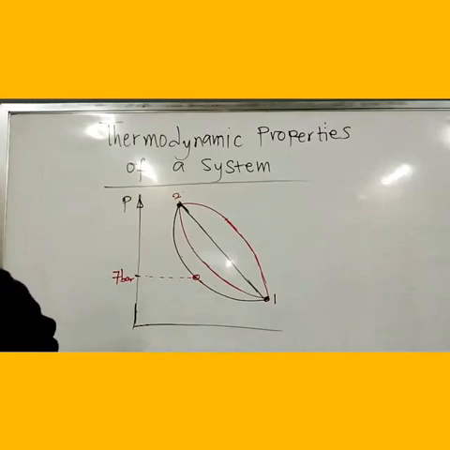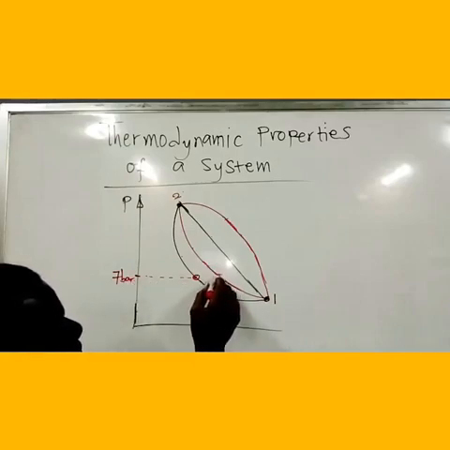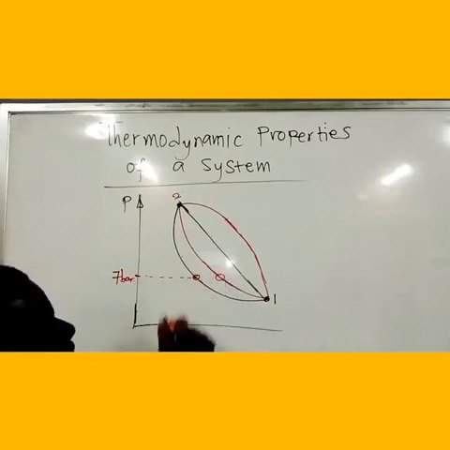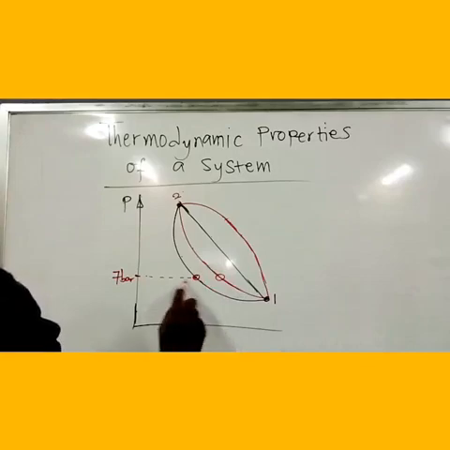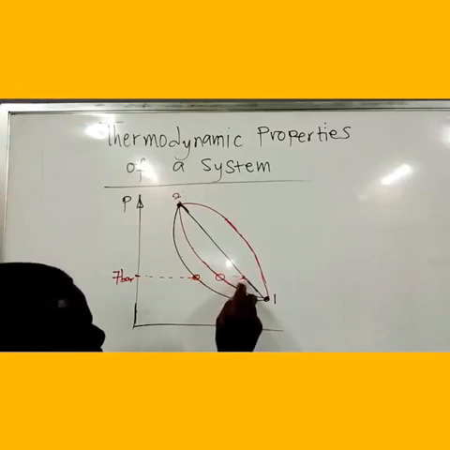Now, the pressure of 7 bar at this point on this curve will be the same at this point on the second curve. So the pressure along this horizontal line will be the same throughout.